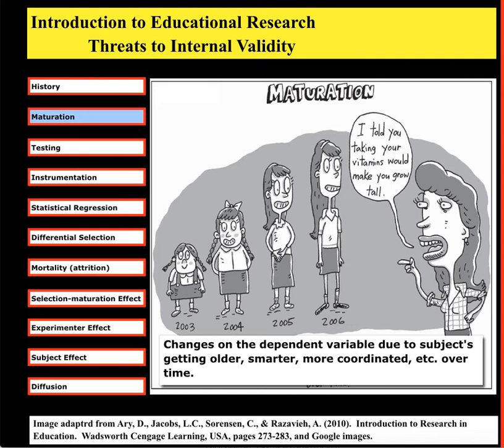So subjects may perform differently on the dependent variable because they became wiser or hungrier or more fatigued or less motivated than they were at the beginning. And there could be many reasons. And these changes in performance affect the internal validity because they may produce effects that could mistakenly be attributed to the experimental treatment or the independent variable.